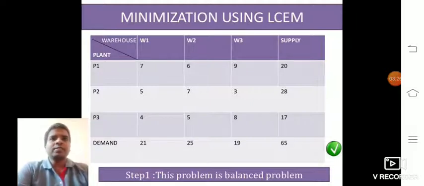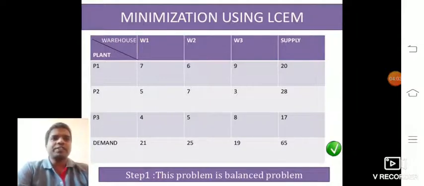Again here, there are three warehouses, W1, W2, W3, which are the destination centers, and plants P1, P2, P3, which you can call the sources. The supplies are 20, 28, 17, and the demands are 21, 25, 19.